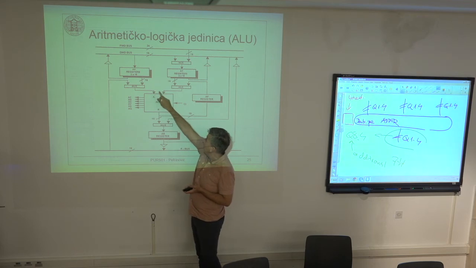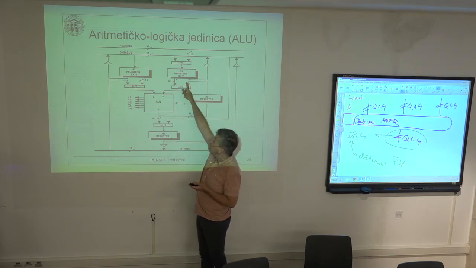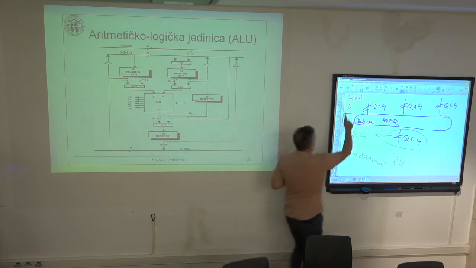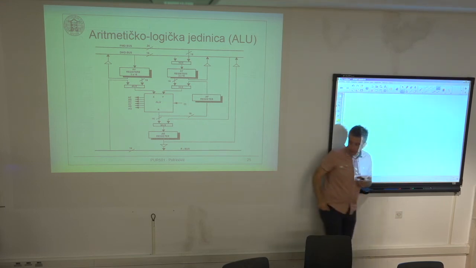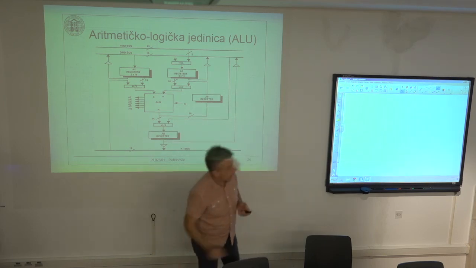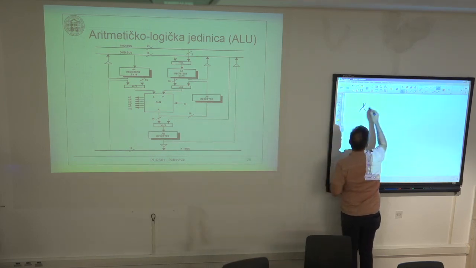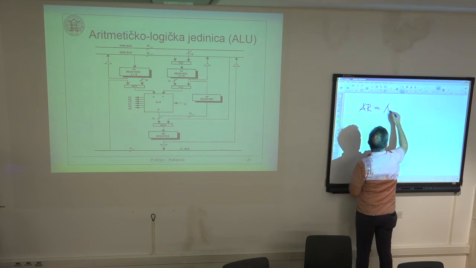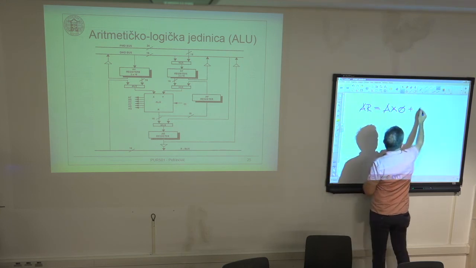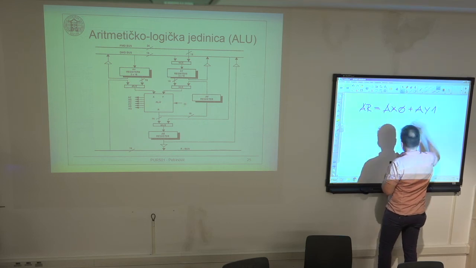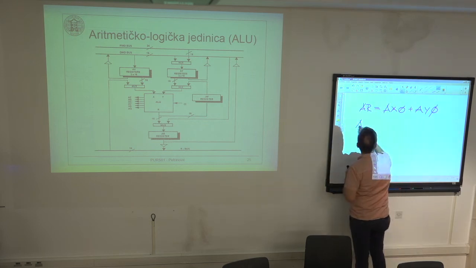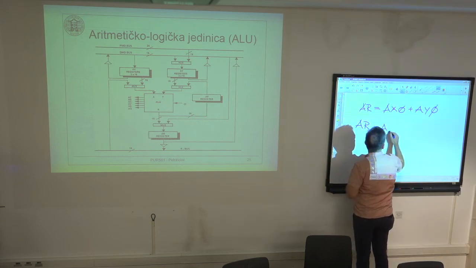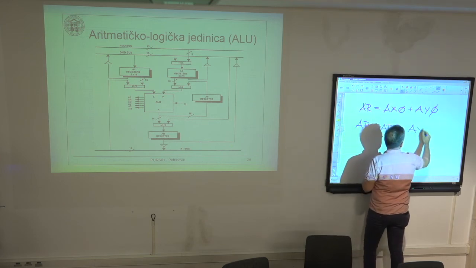So once I add AX0 and AY0, I have this AR, and then next instruction might be add AY1 as well. I will write it on the whiteboard. So the first instruction may be AR equal to AX0 plus AY0. And the next instruction can be AR is equal to AR plus AY1.